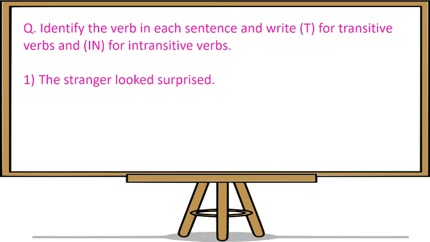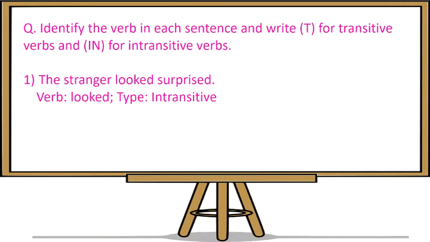Surprised is an adjective. It is not an object. It tells you the quality of the stranger, that how did it look? Okay. So is there any object? No. So the verb is looked and the type of this verb is intransitive.